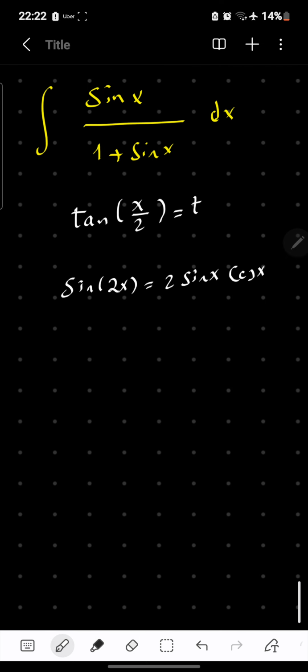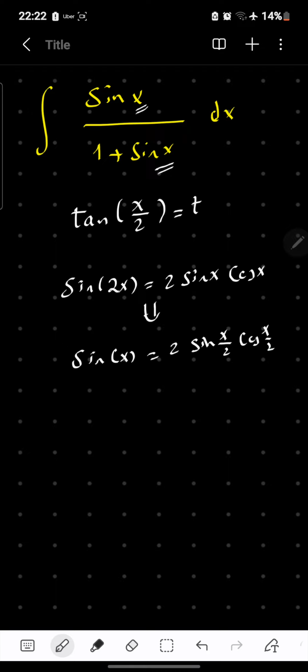Okay, what should we do in this example? So from this one, if it is not sine 2x, if it is sine x as in this problem, it will be 2 sine x over 2 cosine x over 2. Okay, now let's see. We have tan x over 2 is equal to t.